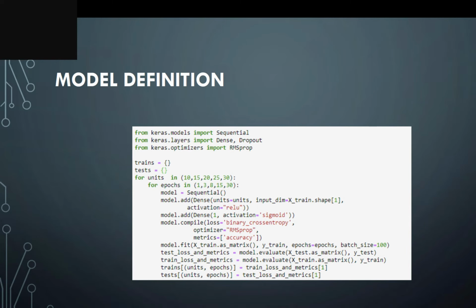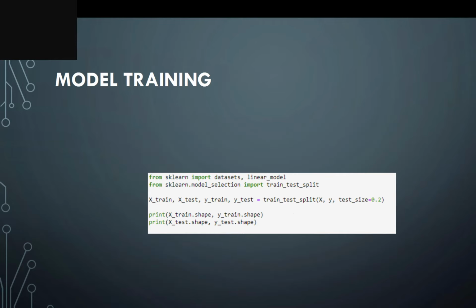For the model definition, we simply specify a feed-forward network which has a sigmoid function as its output and uses binary cross entropy for the classification. When it comes to training, we split our data into 80% for training the model and the remaining 20% for testing.